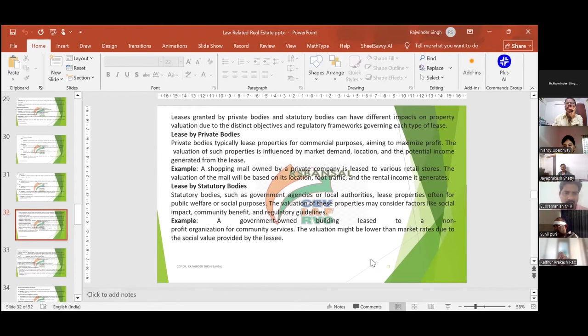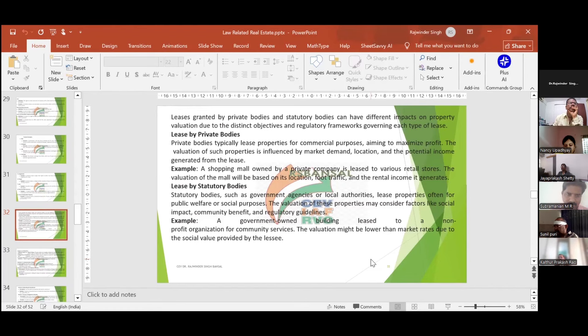The valuation of such properties is influenced by market demand, location, and potential income generated from the lease. For example, a shopping mall owned by a private company is leased to various retail stores. The valuation of the mall will be based on its location, foot traffic, and rental income it generates.